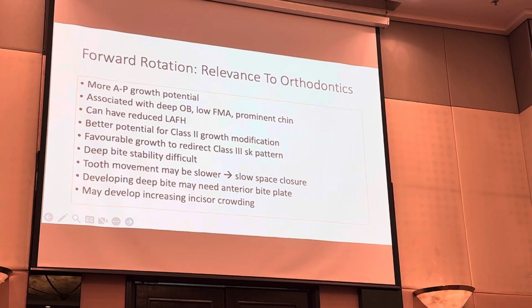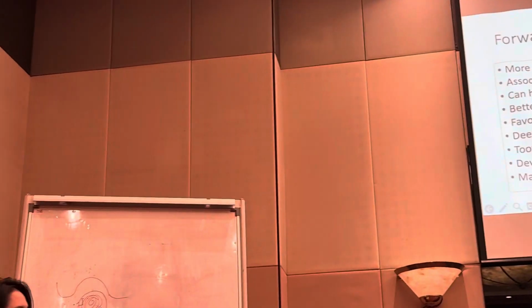Because of that, they have stronger PDL, slower remodeling, or rather just slower tooth movement in general. They tend to develop deep bite, so for younger patients you need anterior bite plates, and also because of the way the teeth are rotating. So when your jaw rotates forward, you have your lip here and the teeth.